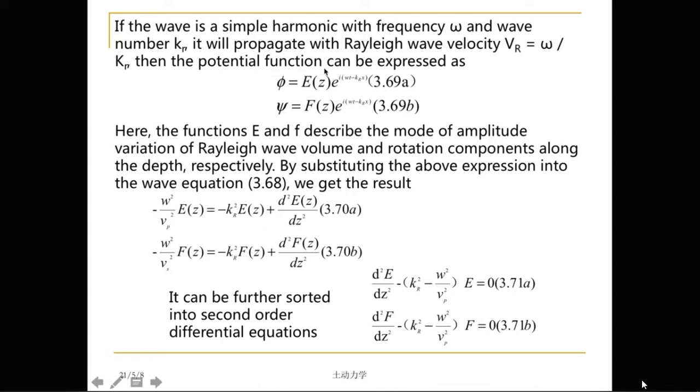Then the potential functions can be expressed as phi equals E(z) times e to the power of i(omega t minus kr x), and psi equals F(z) times e to the power of i(omega t minus kr x). Here, the functions E and F describe the amplitude variation of the Rayleigh wave's volume and rotation components along depth, respectively.